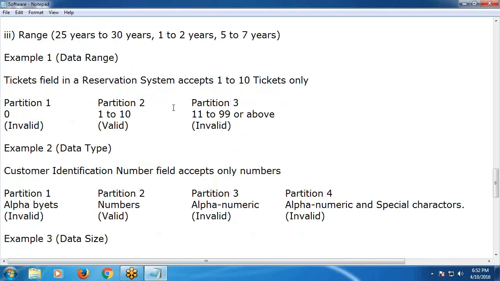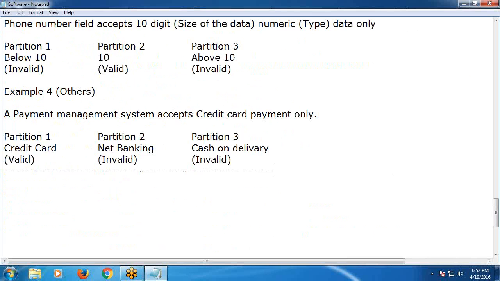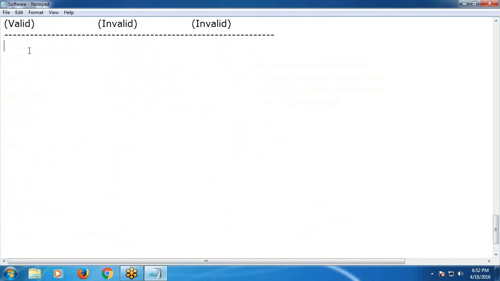We discussed data range, data type, data size and others separately. Next, combinations. For example, user ID.